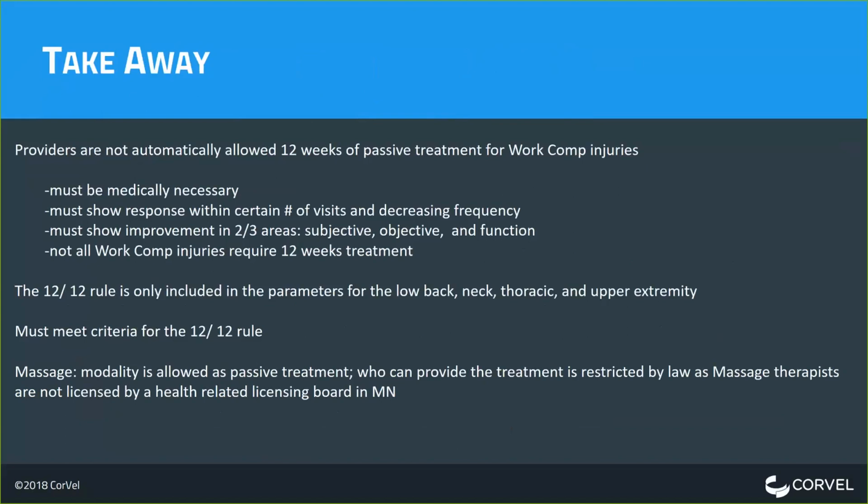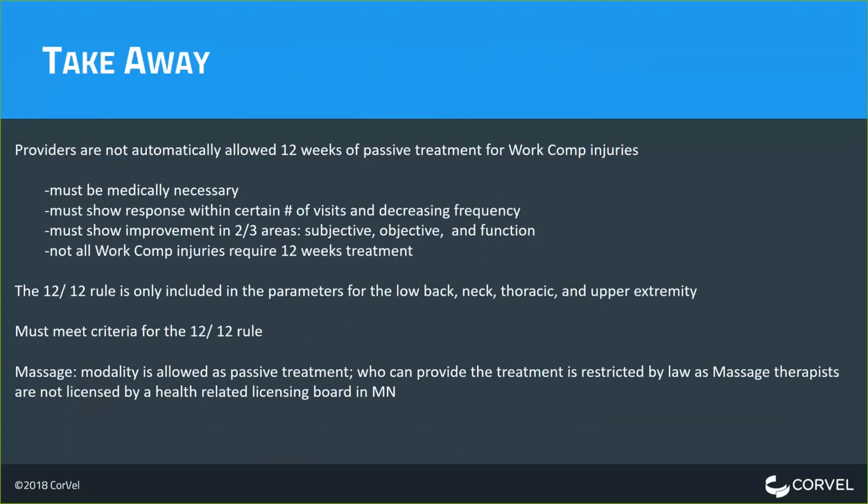And I put that in because I have had providers submit a request for treatment, or say that they're going to treat under the 12-12 rule for a knee injury. And it's not in the treatment parameters that the 12-12 rule is present for lower extremity. It's strictly in the low back, neck, thoracic, and upper extremity treatment parameters.